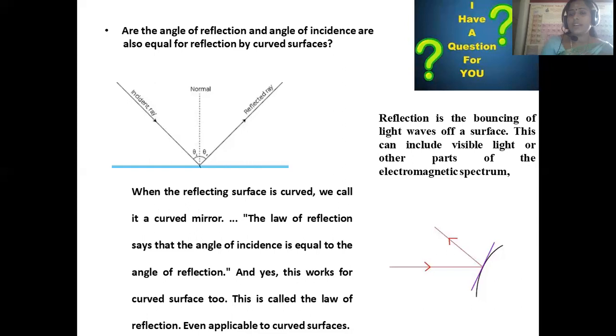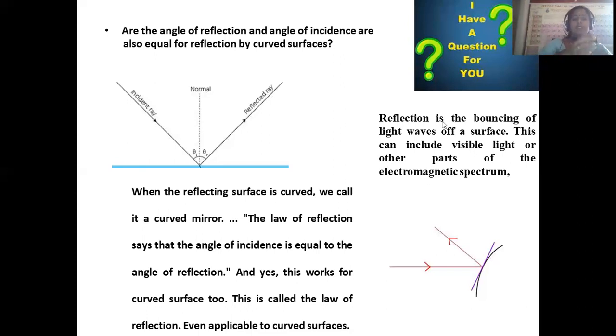In order to explain that, first we have to discuss what is meant by reflection. Just now we discussed, but let us repeat. Reflection is nothing but bouncing of light on the surface of any matter. So if it is bouncing on the surface of a mirror, what happens? It will pass through a certain angle. So that is known as reflection of light. For example, we are taking a ball.